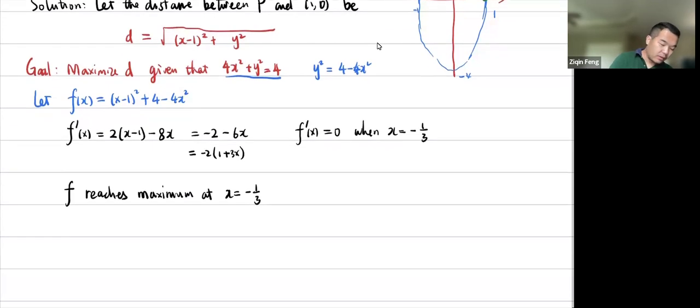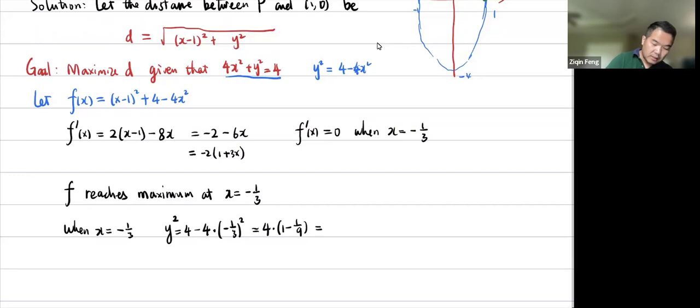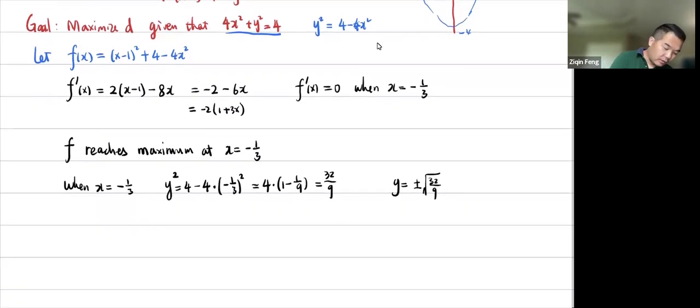Now we are looking for the point, right? So when x equals negative 1 over 3, y squared is 4 minus 4 times negative 1 over 3 squared. So this is equal to 4 times (1 minus 1/9). So this is y squared, right? And it is 32 over 9. So y here is plus or minus square root of 32 over 9. So we have 2 points.